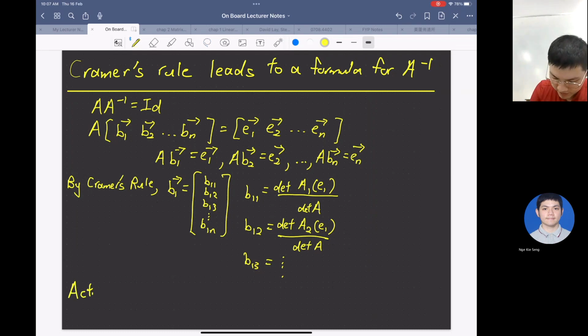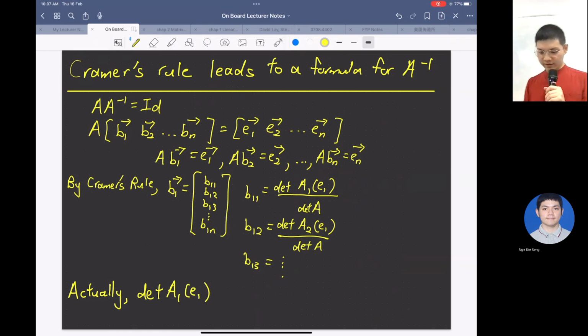Actually, what is the determinant of A1 E1? Let's look at one of them, and then we will deduce the rest.